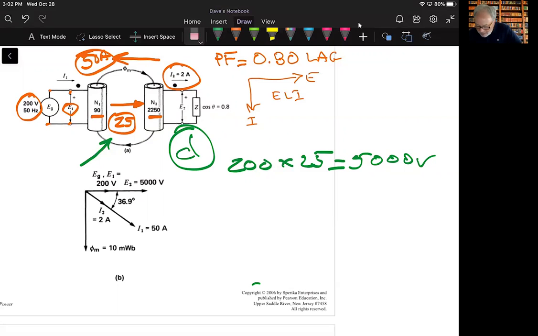And we talked about that, how the magnetomotive force has to equalize each other from the secondary and the primary. Okay, and the only way that can happen is that the currents have to rise and fall with each other. And so I1 and I2 are in phase with each other.